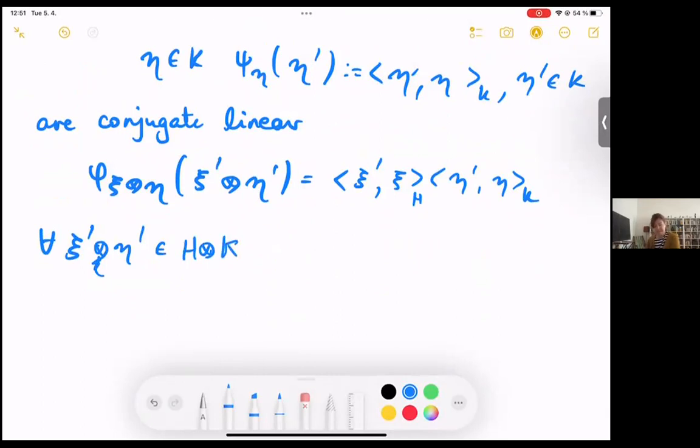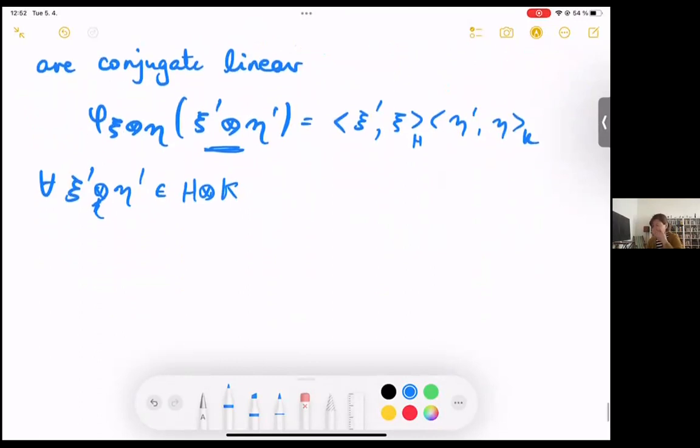And since these simple tensors span our vector space, this will be true for all elements in H tensor K. Well, we'll get the sum of these things. Okay.